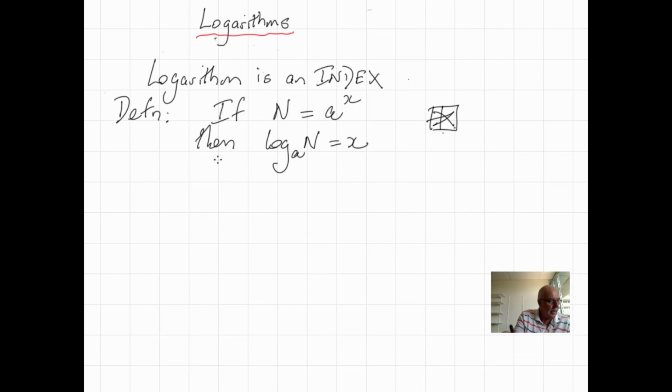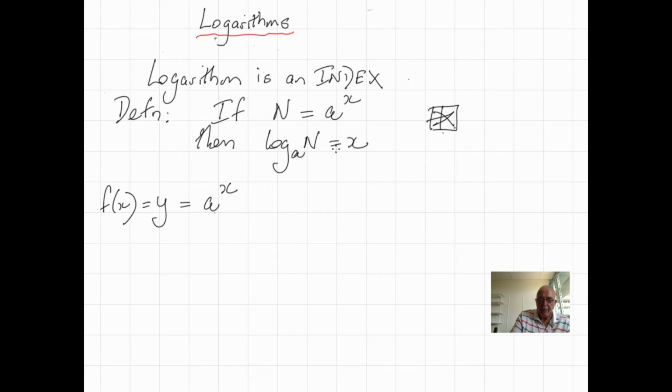So we've seen that simple exponential functions can be expressed as y equals some base to the power of x. So there is a simple exponential function. We can say that f of x is equal to some base to the power of x.